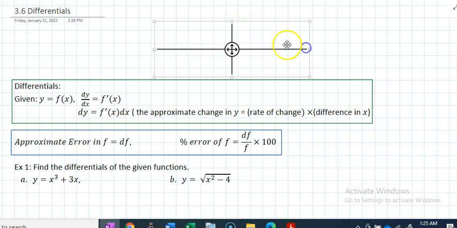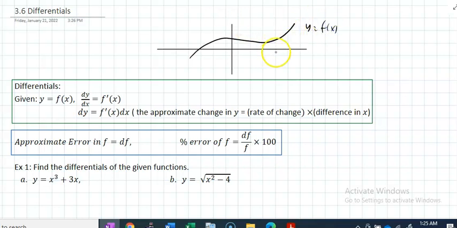So suppose we have y equal f of x, and we approximate, let's say, x right there. That's f of x.